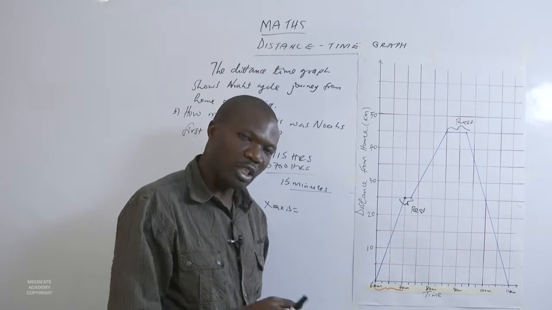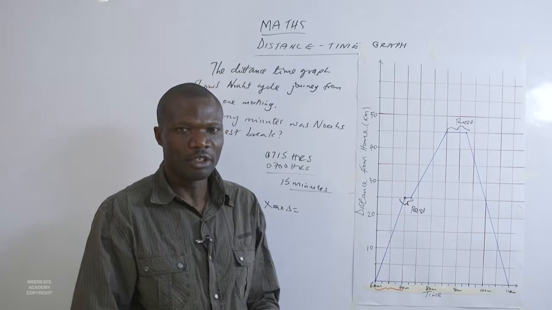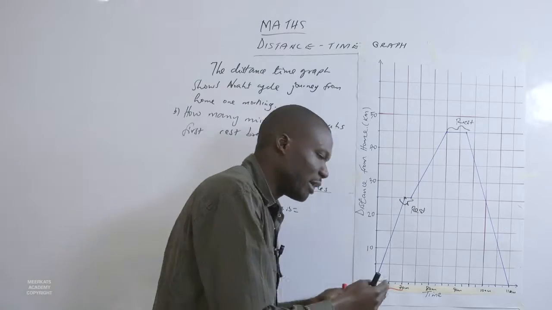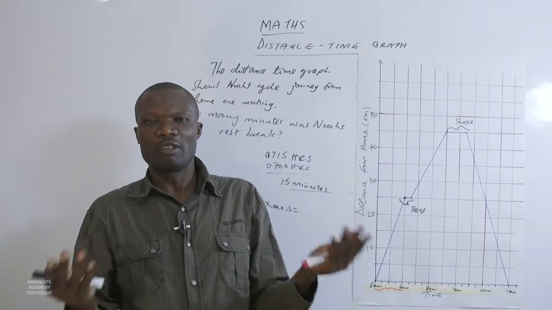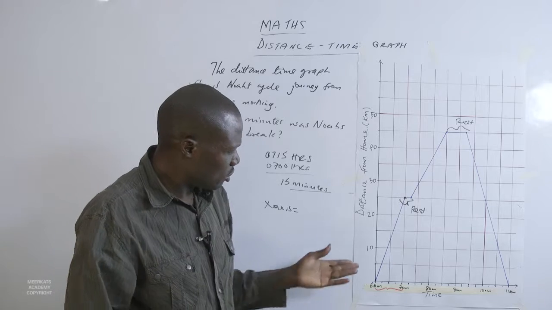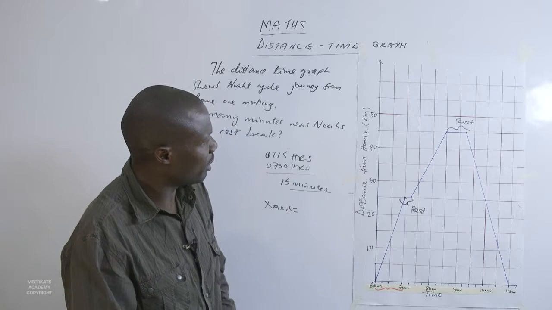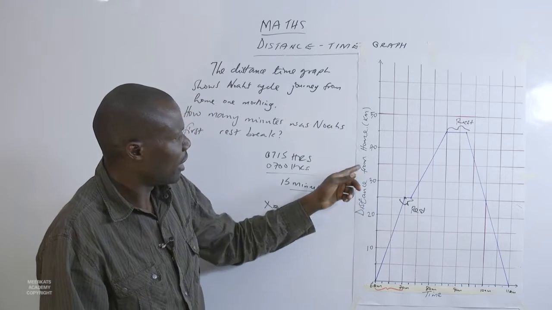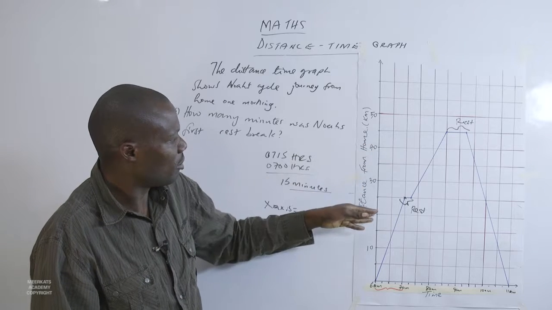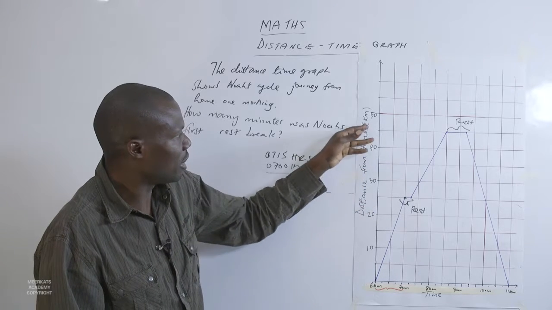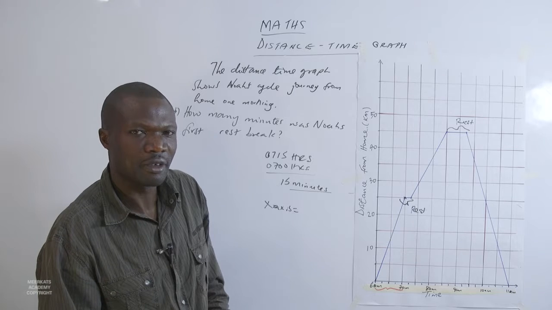So 2 boxes represent 1 hour. So we are able to identify the key. Then again, I study the key of the y-axis. The y-axis has 0, 10, up to 50, and they have said here it is distance from home in kilometers.